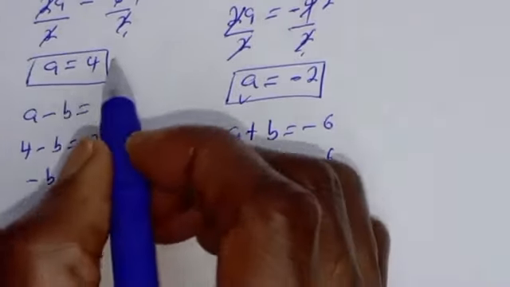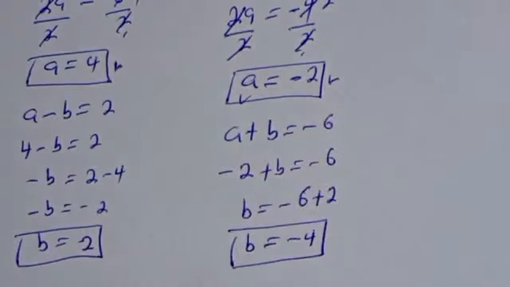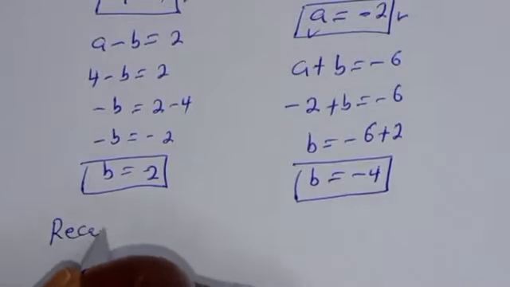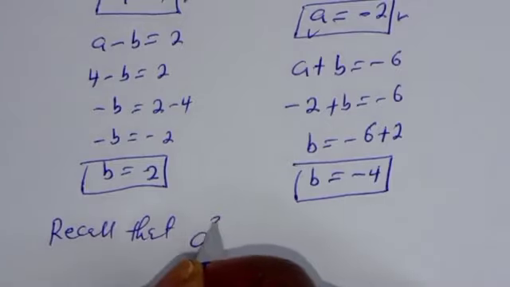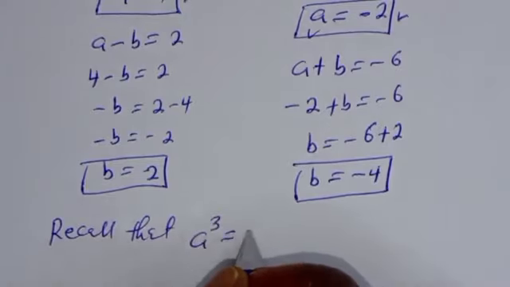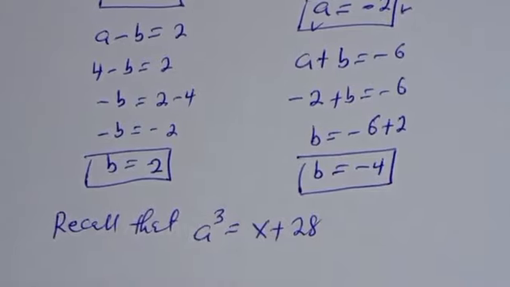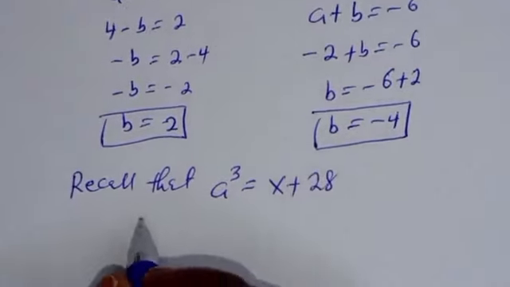So we've got the value of a here, which is equal to 4, and a here is equal to minus 2. But we want to solve for s. Now recall that a raised to power 3 is equal to s plus 28, with a equal to minus 2 and 4.